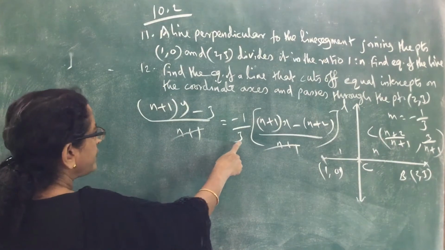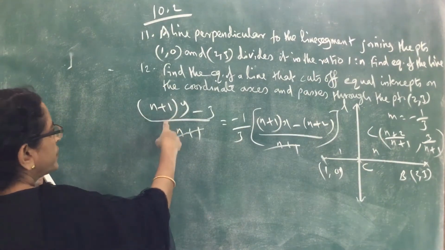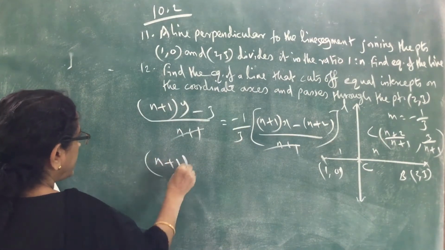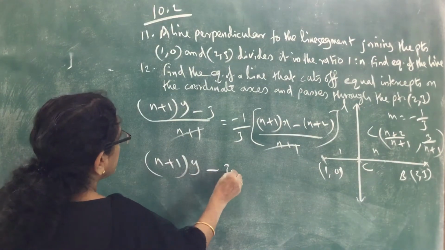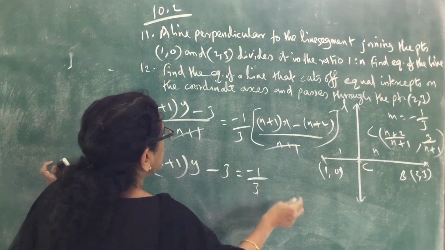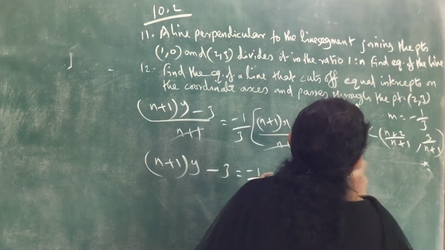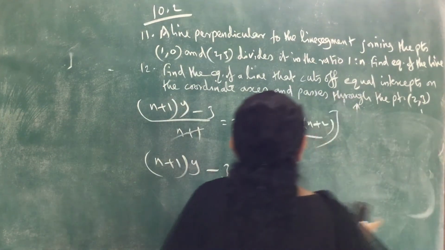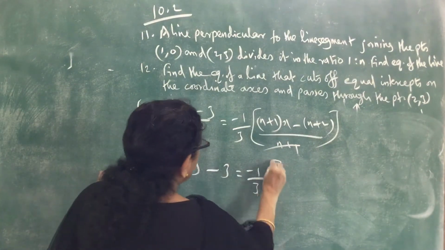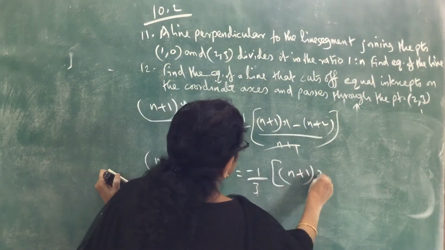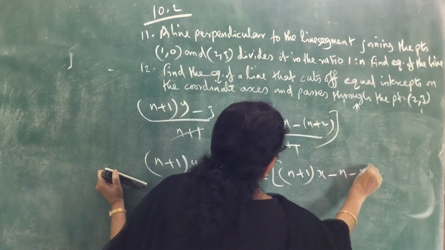Then this 3 we can cross multiply to this side. So here we get n plus 1 y minus 3 equals minus 1 by 3 into n plus 1 x minus n minus 2.